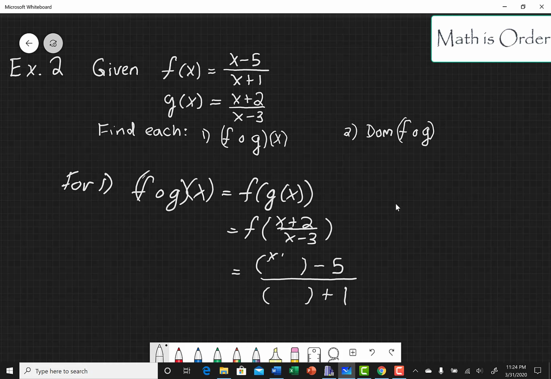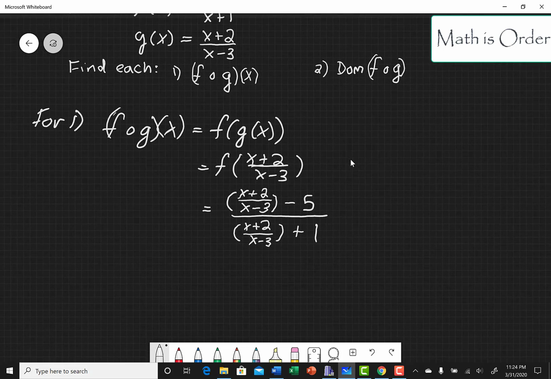It's x plus 2 over x minus 3, minus 5, over x plus 2 over x minus 3, plus 1, right? All right. And now we just have to clean this up a little more, because right now, as it is, it's a complex rational expression, and it's not in its more simplified form. So we have to simplify this a little further.